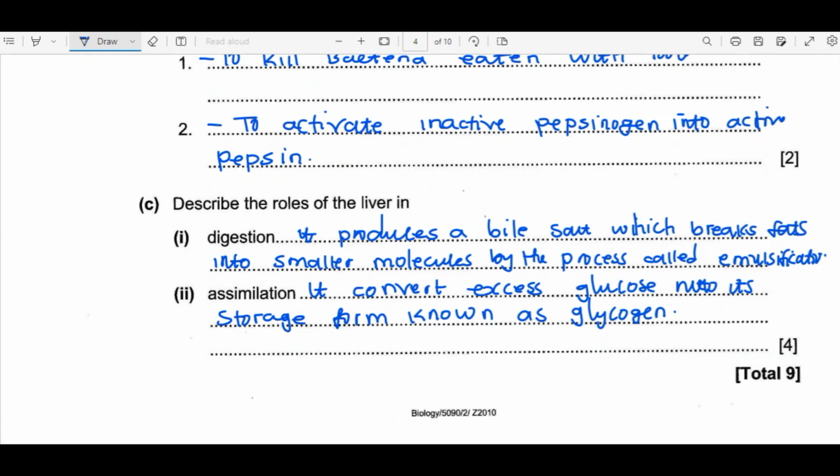So the conversion of excess glucose into glycogen is one of the assimilation roles of the liver.